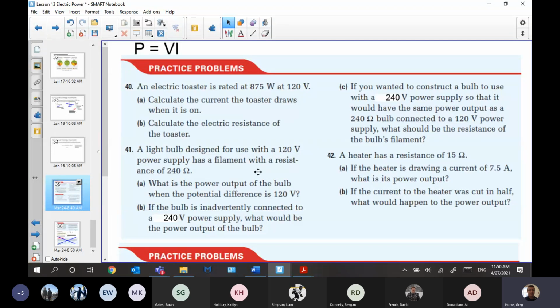So they're not necessarily in a good order. Some of the questions you just use the power equation directly. So just be aware of that, okay? The idea of using both equations, one and then the other, like we've been doing, comes up a lot in these.